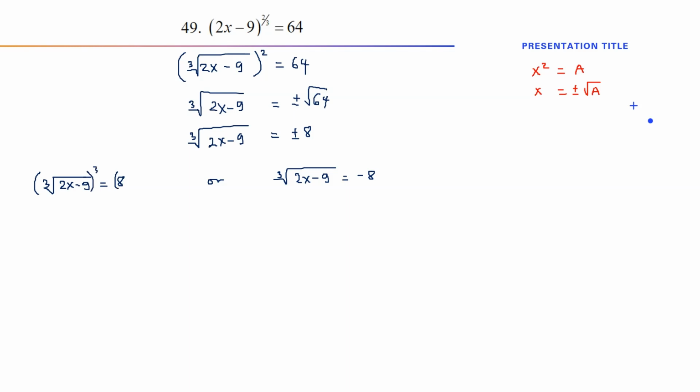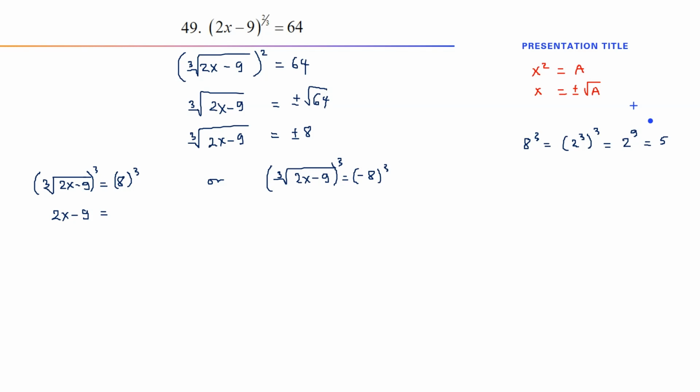Now we cube both sides. We have 2x minus 9 on the left hand side. On the right hand side, we have 8 to the 3. 8 to the 3, I can rewrite as 2 to the 3, all to the 3, and then 2 to the 9. Always memorize the exponents of base 2.